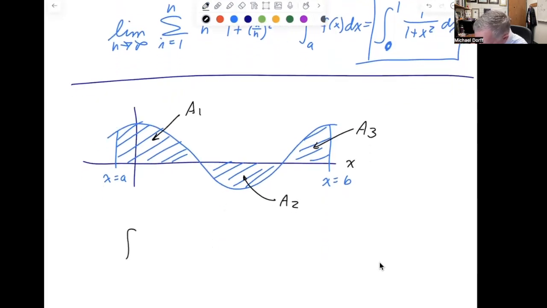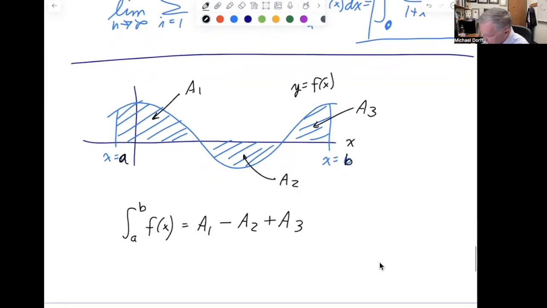And what's going to happen now, the integral from a to b, okay, remember a is the left point, b is the right point there, of the function f of x, and my curve here is y equals f of x, is going to equal the area of A1 minus the area of A2 plus the area of A3. So if an area goes below the x-axis, then we subtract the area from the amount we have.